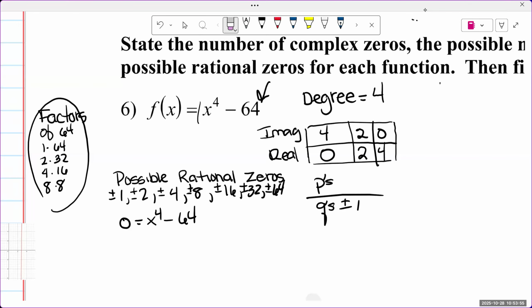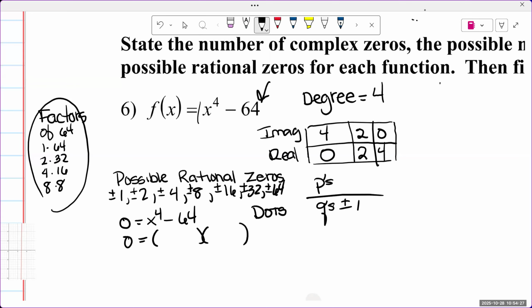Or does this look vaguely familiar? x to the fourth minus 64. So you have 2 options. Plug in all those numbers and see which ones work, and once you find one, you can do synthetic division, reduce it to a smaller degree, and then you can find the rest. But I happen to notice that this is the difference of 2 squares, right?